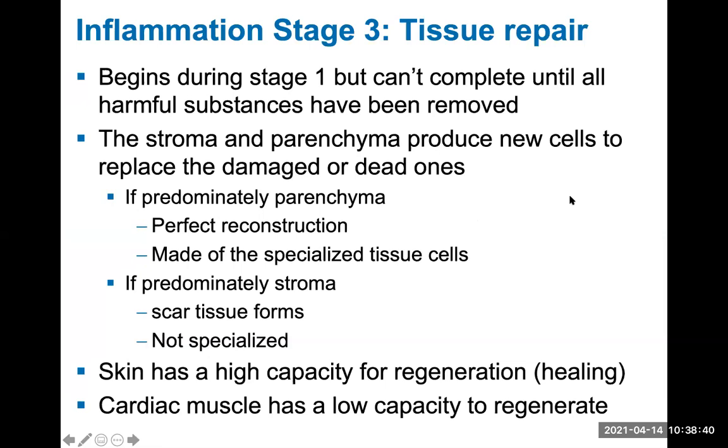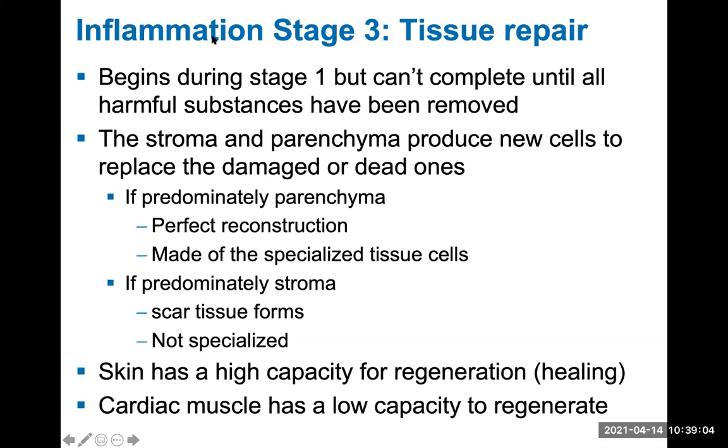So after the phagocytes have their margination, diapedesis, and they perform all their phagocytosis, and the issue is resolved, all microbes are gone, dead, and whatever damaging agent might have been present has been taken care of, then tissue repair can finish.